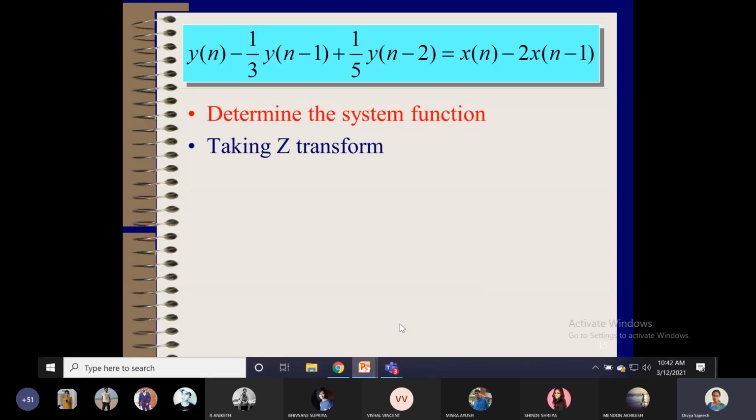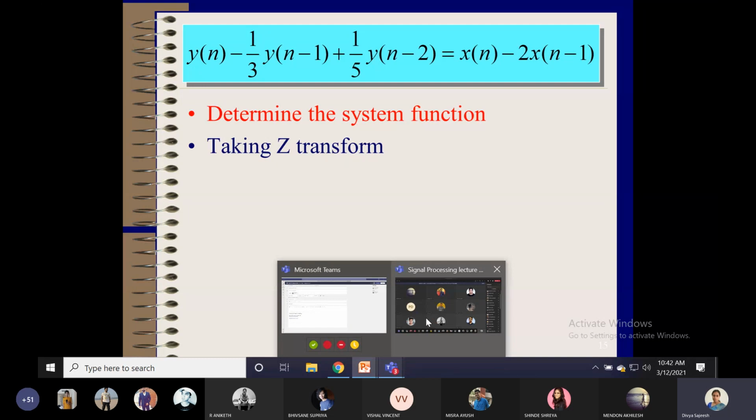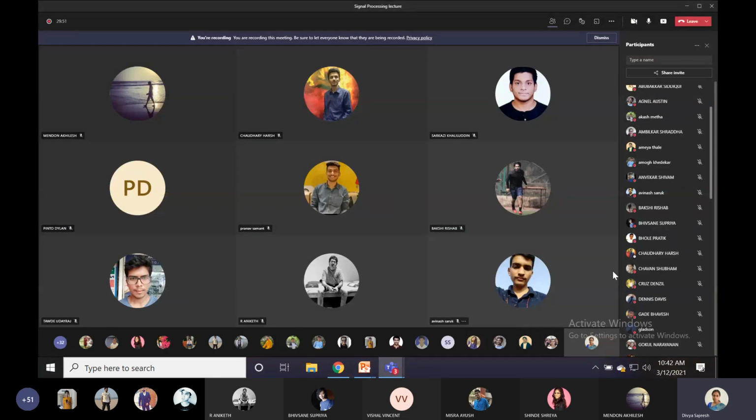Bhavesh, can you tell what is the z transform for the given equation? One by one you can tell. Bhavesh. Okay, Dennis.